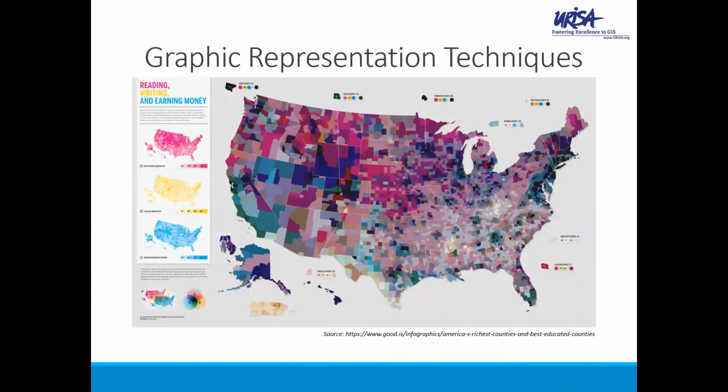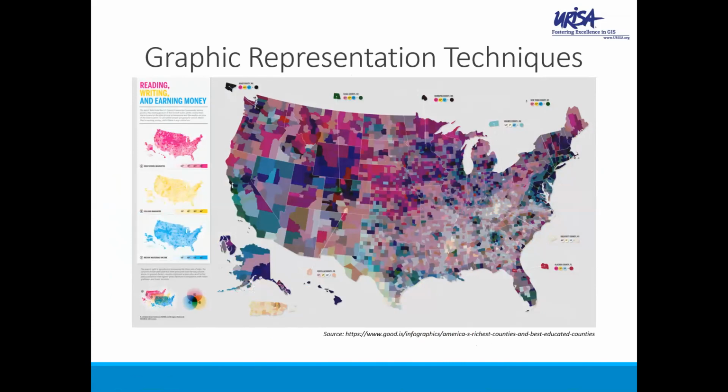Multivariate displays are another great graphic representation technique. You can create a composite or use superposition with rasters and vectors. The key to a good multivariate map is to show the series as individual maps and then the final amalgam. Here we see a map for reading, writing, and earning money.